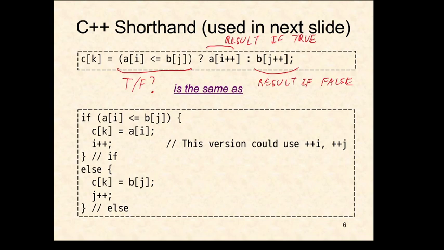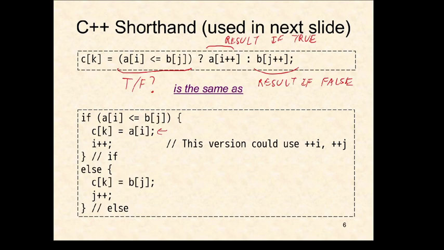This one line of code is equivalent to our 1, 2, 3, 4, 5, 6 lines of code plus curly braces at the bottom. The equivalent version at the bottom says if A sub i is less than or equal to B sub j, take A sub i and assign it to C sub k, and then increment i.